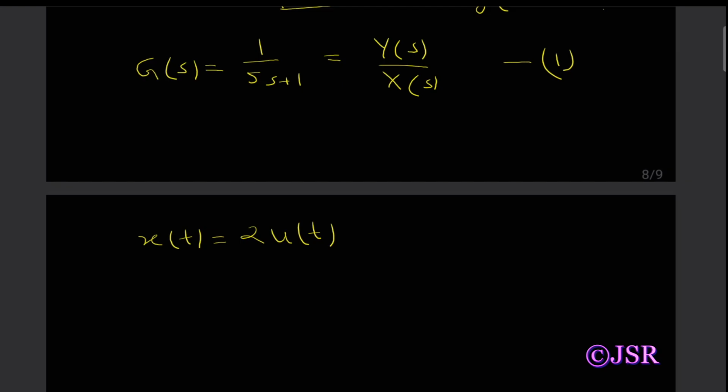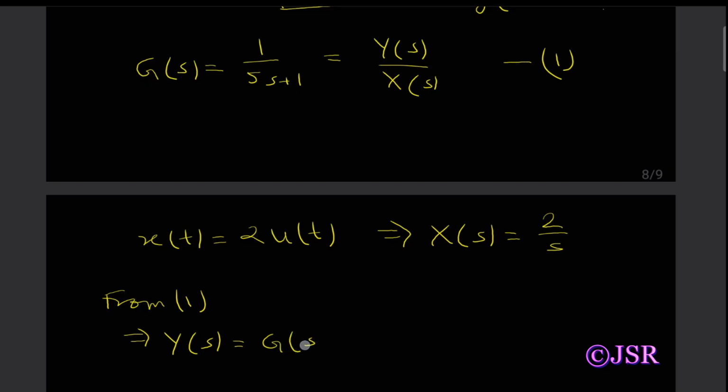So the input is given as a step input of magnitude 2. So after taking Laplace transform, we will get X(s), and that will be equal to 2 by s. So from 1, the output Y(s) will be equal to G(s) into X(s). So 1 upon 5 s plus 1, 2 by s.